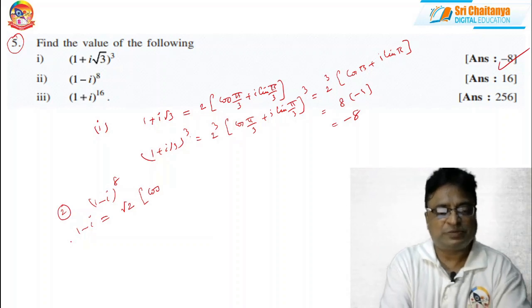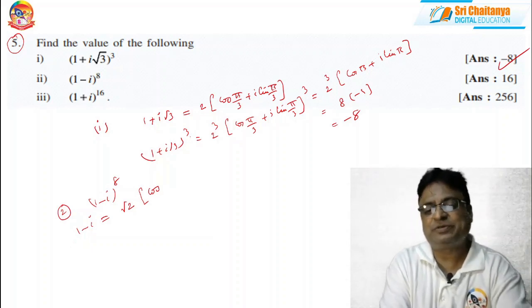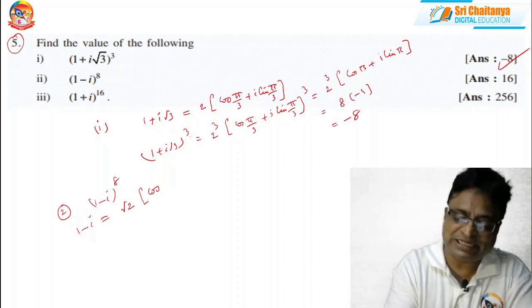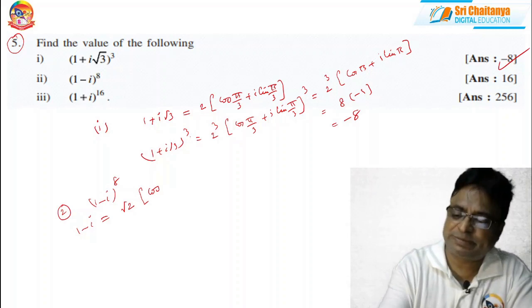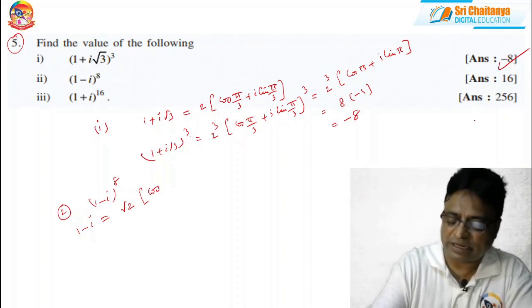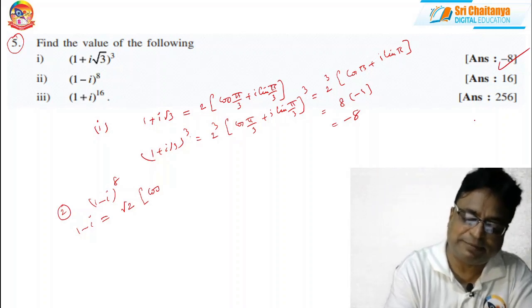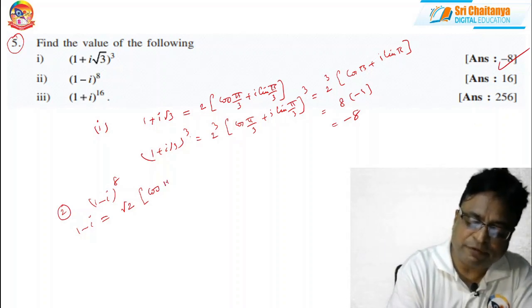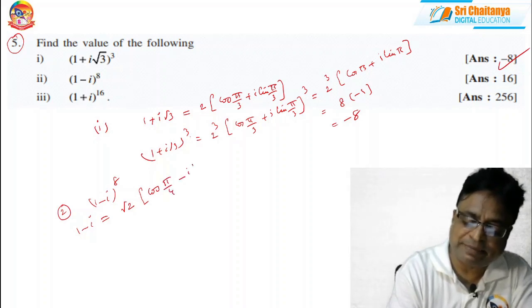So x is positive, y is negative, which means it is in the fourth quadrant. So this is 2 pi minus pi by 4, or minus of pi by 4. So I can write this as cos pi by 4 minus I sin pi by 4.